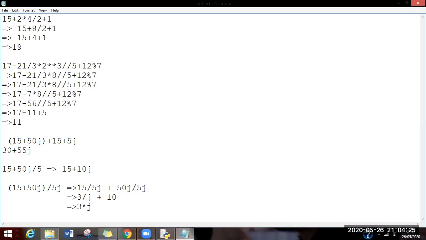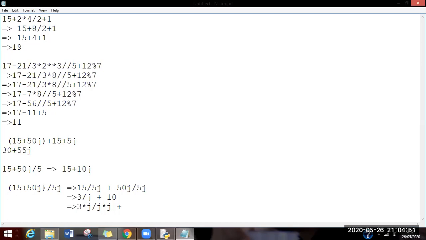Why did we do this? Because we did not want our j to be left at the denominator. To simplify my denominator, I multiplied both the numerator and the denominator by j. I can do this because j by j will cancel again. This is the very same thing.